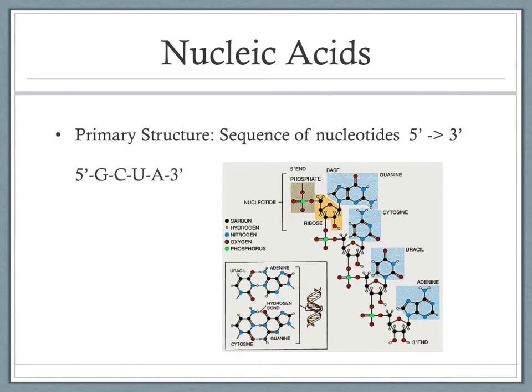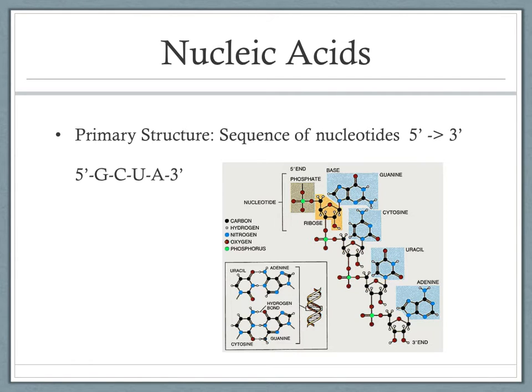The primary structure, the sequence of nucleotides in DNA or RNA, is usually read from the 5' position of the sugar. That's the place where the phosphate group is connected, and the nitrogen base is connected to the other part of the ribose or deoxyribose, and then to the following 3' position.